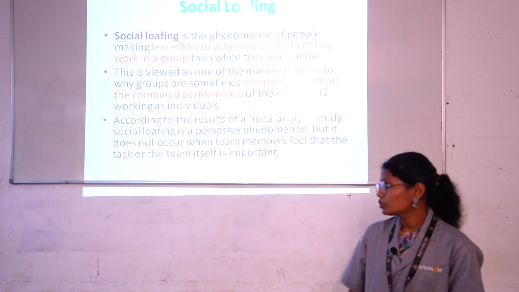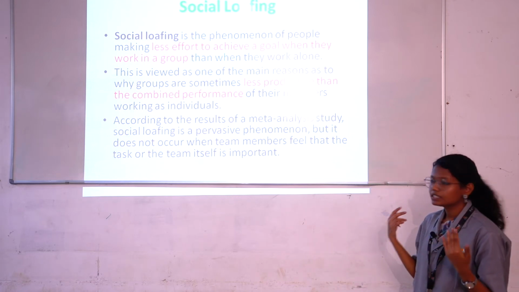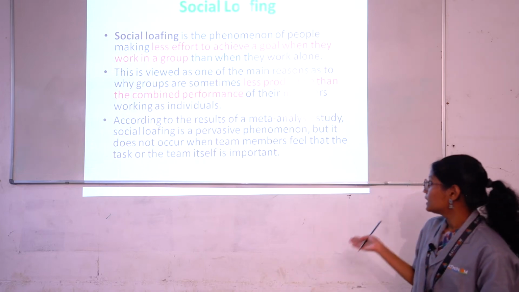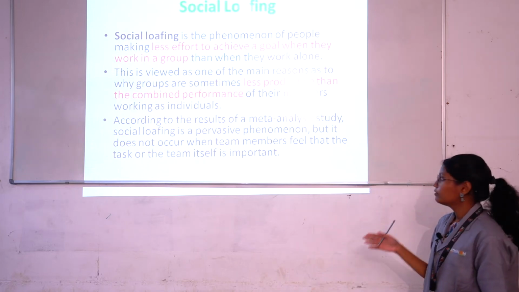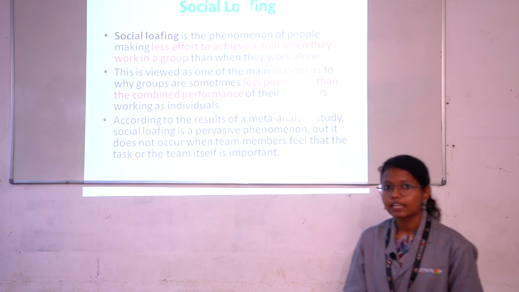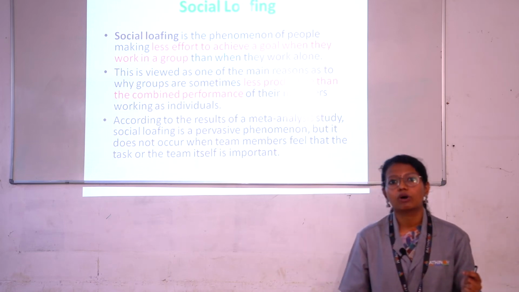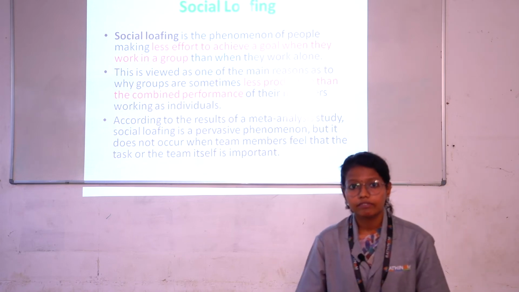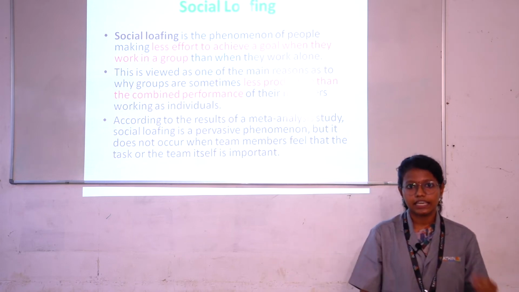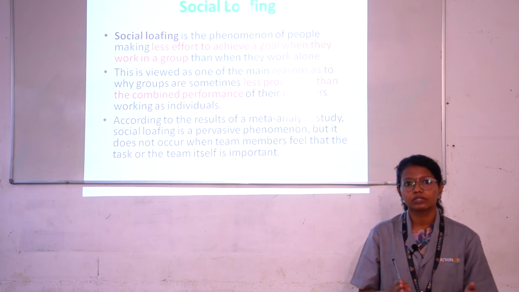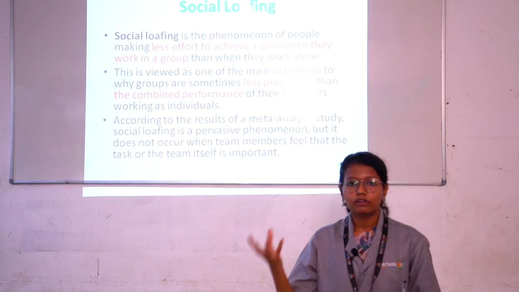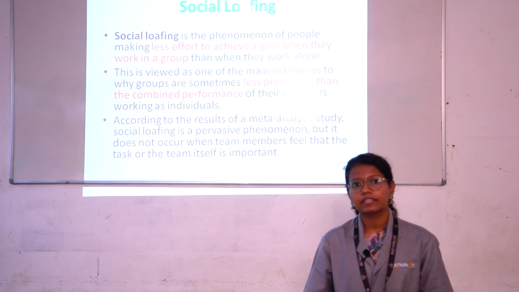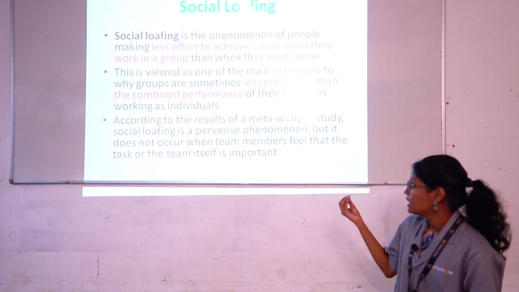So social loafing is a pervasive phenomenon which exists in almost all groups, but it does not occur when the team members identify that the goal, the objective, the aim of the group is something very important. If the person understands that the aim of the group is very important and relevant, the person does not engage in social loafing.